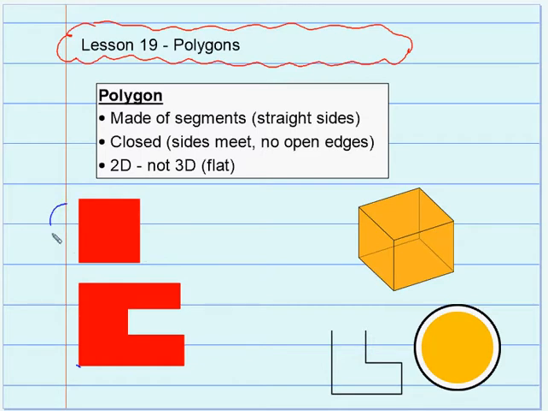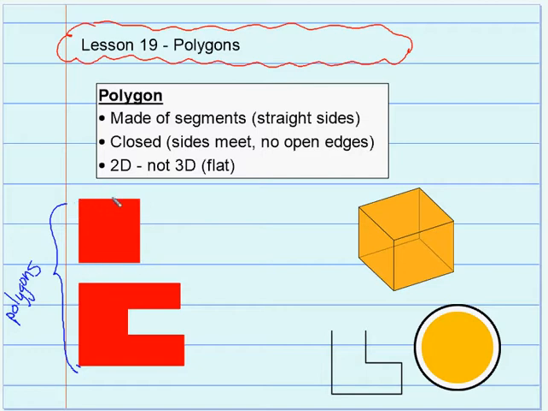These two on this side are polygons. You can see that this rectangular shape here, which may be a square, I don't know, is made of segments, so the edges are straight, the sides are straight, and they meet.